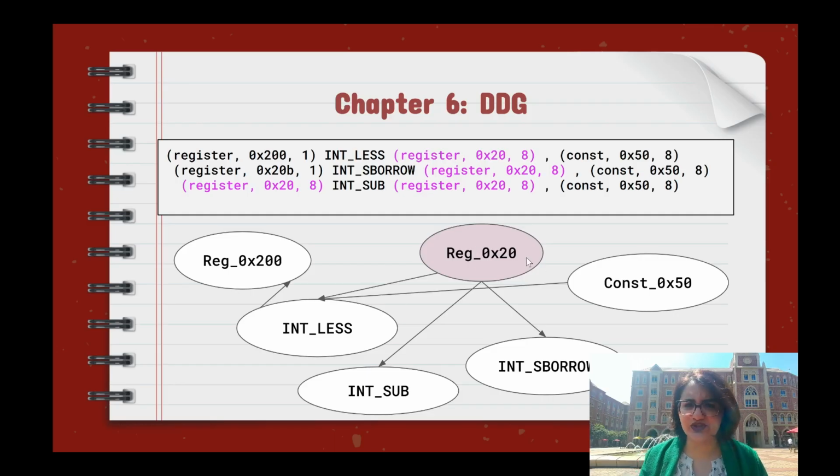So I have register 0x20, and in this graph, each node can be a var node, an operation, or a constant variable. You can see that this register has been used in multiple P-code statements, and that's why there is an edge between these nodes. So in Ghidra, the data dependency and the P-code IR look like this.